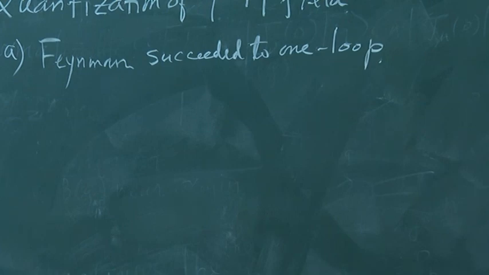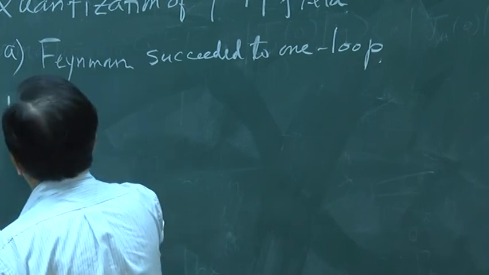I mean, Feynman is a magician. Something was not quite right, so he guessed it should be fixed this way and that way. And so he succeeded to one loop, essentially finding the ghost field loop at one loop. But he could not go on because two loops is too complicated.